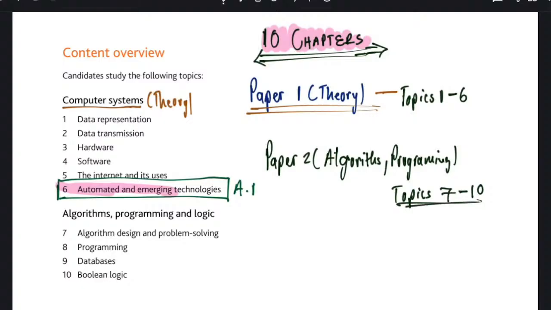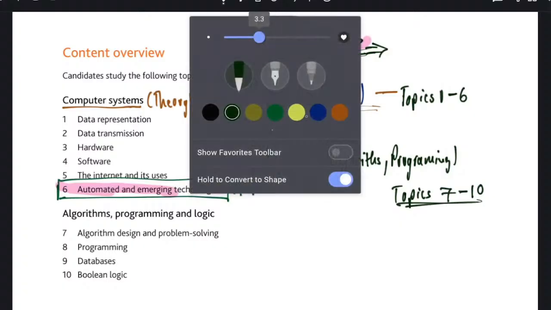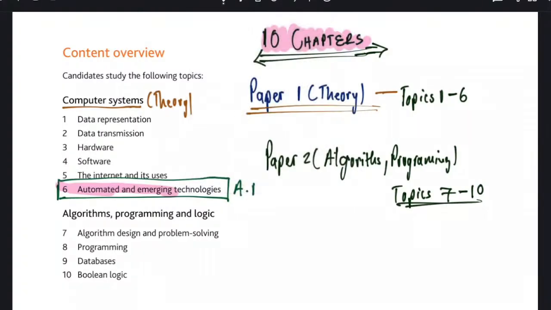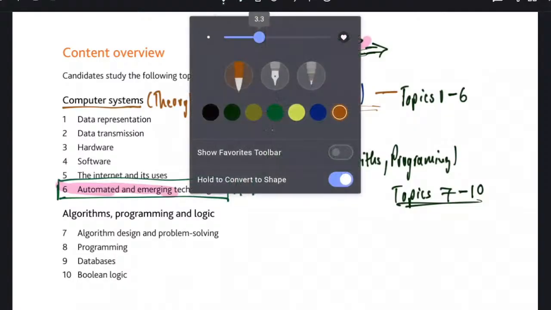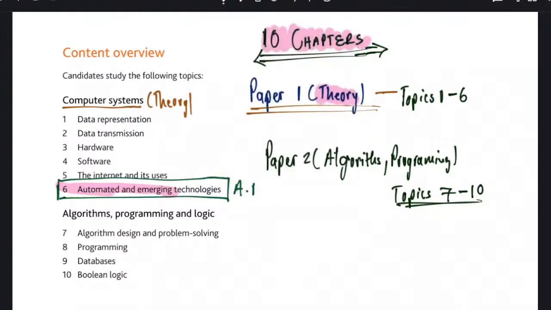So 7, 8, 9, and 10. We'll use them in this one. Good. So we're going to do the theory stuff in topic 6, and we'll be moving from there. We'll see how it goes. We need to just quickly run through the theory, and then we can do our 7 to 10.